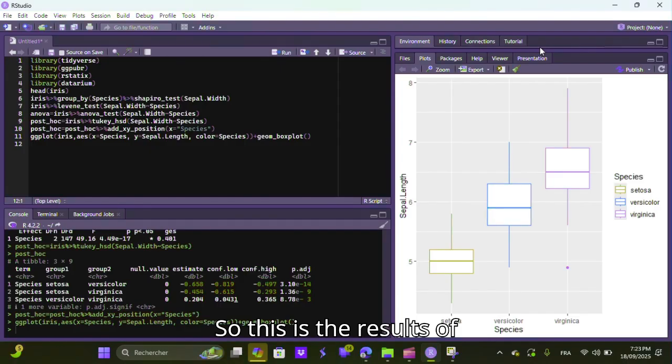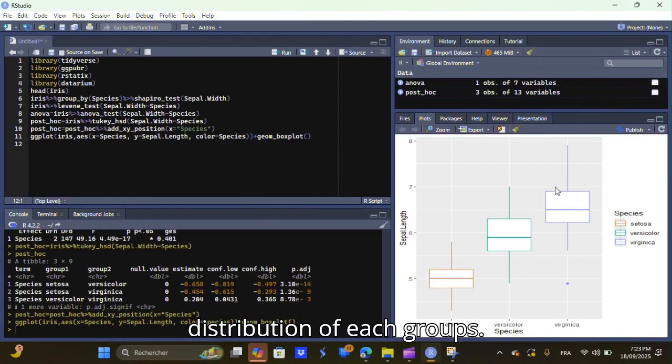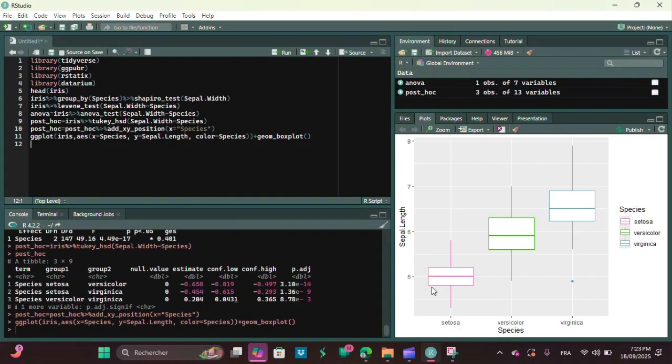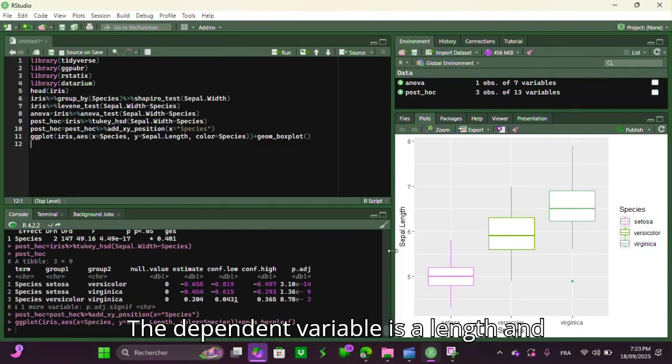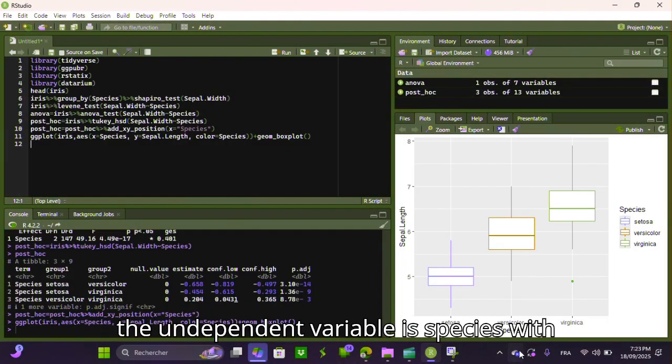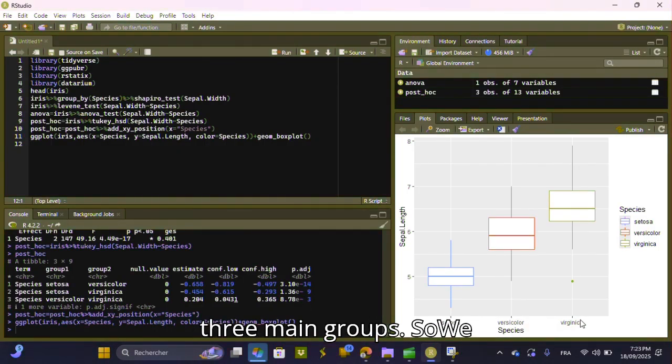So these are the results of the distribution of each group. The dependent variable is sepal length, and the independent variable is species, with three main groups.